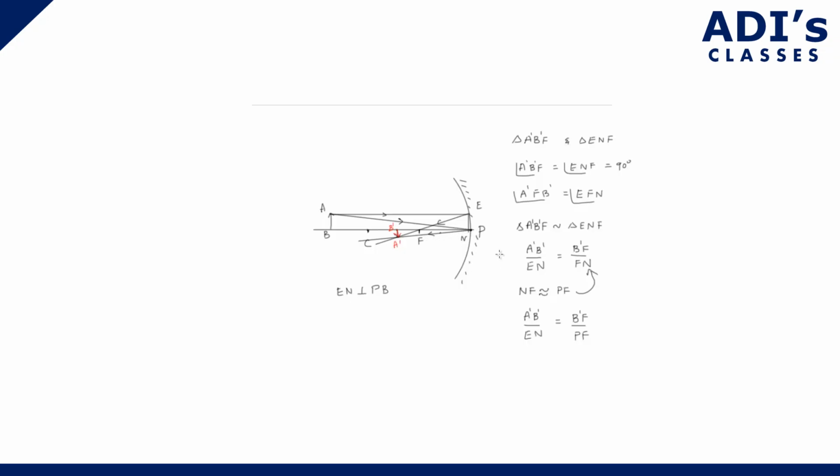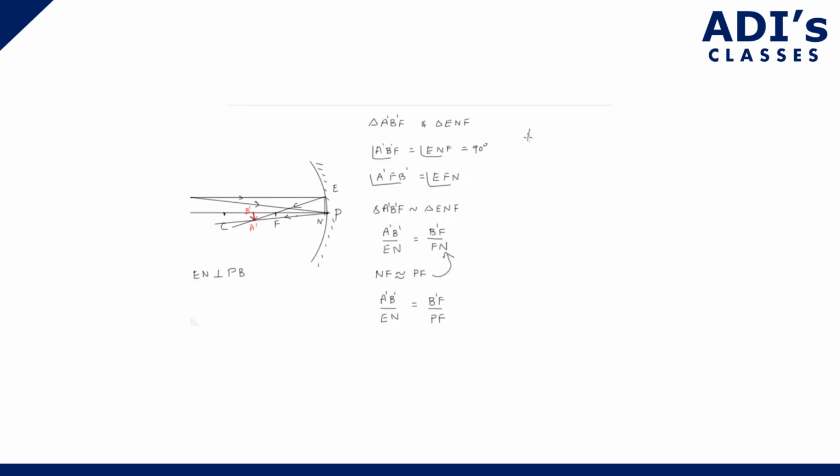We can substitute that here, so we get A'B' divided by EN is equal to PB' minus PF divided by PF.